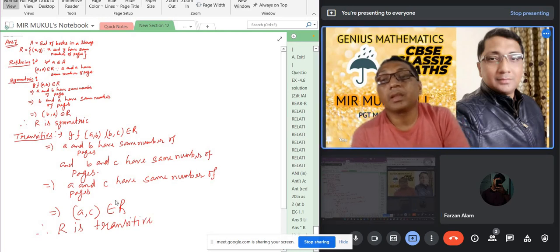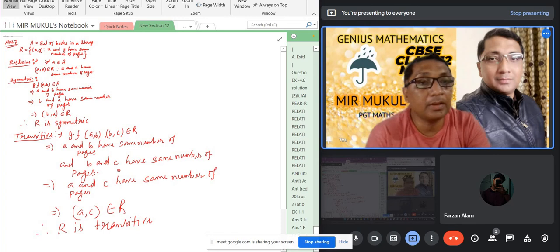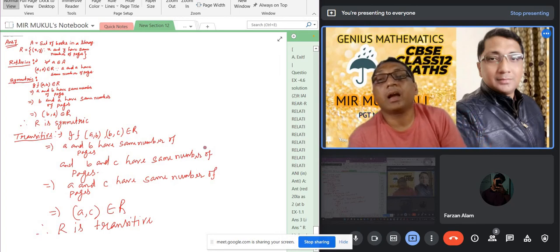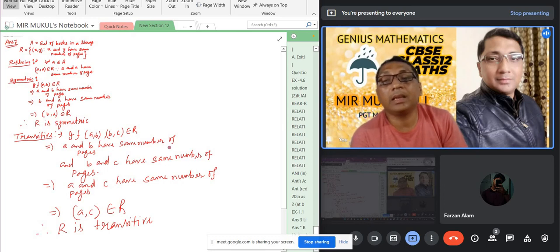Now, since R is reflexive, symmetric and transitive, therefore R is an equivalence relation.